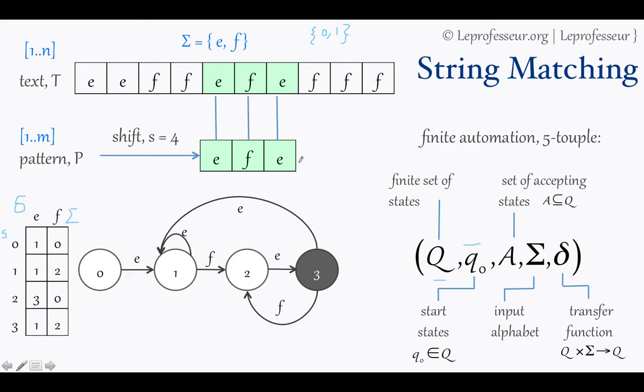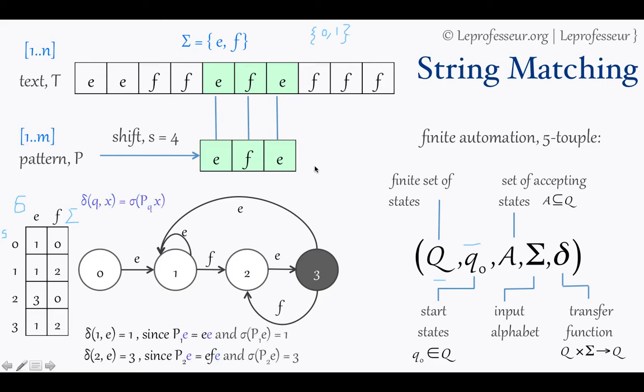That's not desired input for this pattern string. In the same way, if we are in state 3, which is also our accepting state, if E comes, we go back to state 1, and if F comes, we go back to state 2. And this small state machine will accept the pattern P, which is E, F, E.